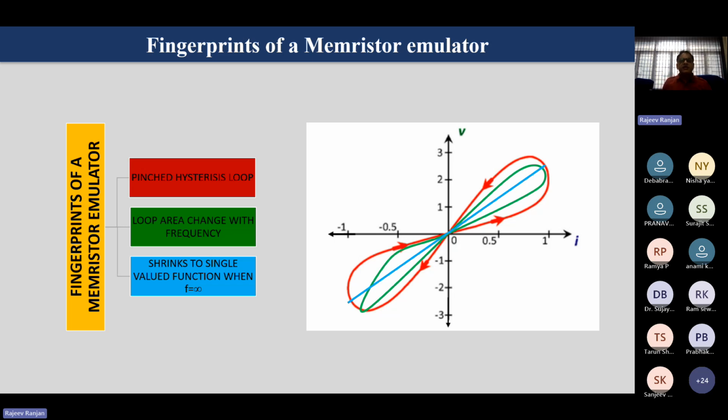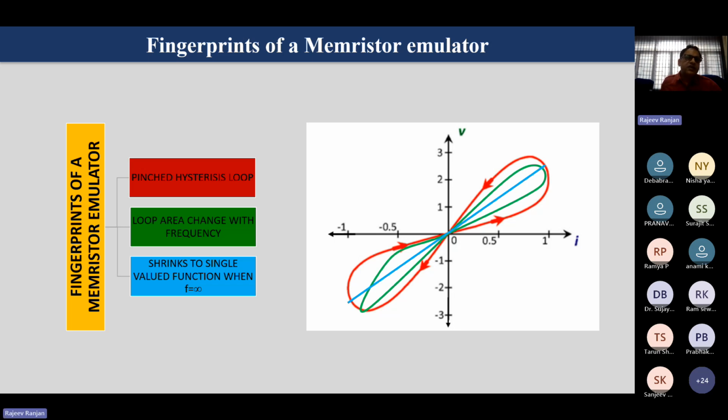At infinite frequency, it behaves like a linear resistance. So these are three important fingerprints, or unique properties, of the memristor. Emulator means we are mimicking the property of the memristor device using CMOS circuits. So this is the Memristor Emulator circuit.